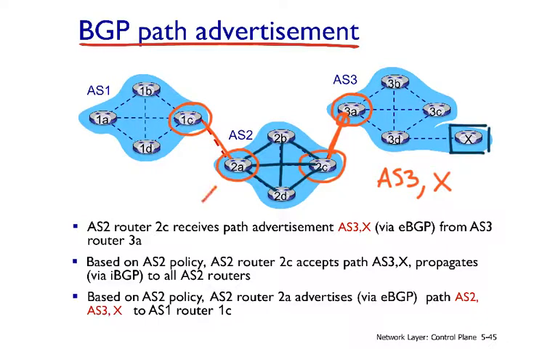In this case, the destination is X, the first AS is AS3, and the second is AS2. Then 1C is able to propagate this info to the rest of the nodes in the domain.